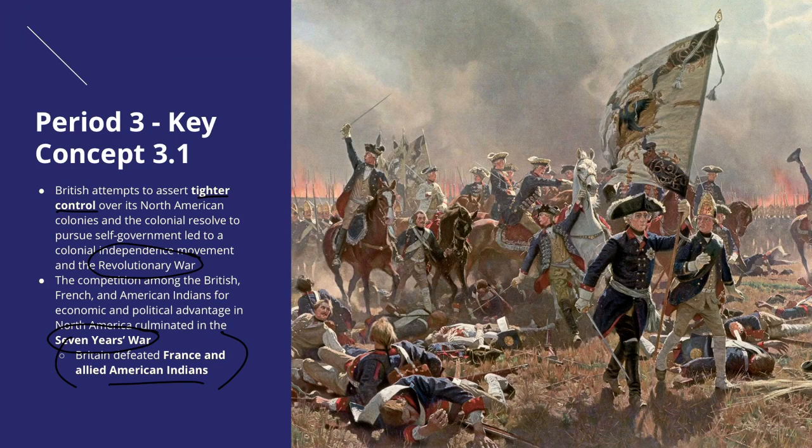So now the British have another reason to hate the Native Americans even more, right? And it's going to start to justify things for them in a way. They're going to feel like these people worked with the French to try to undermine our power and authority, and now they're going to be totally against the Native Americans, right? They have another reason to dislike them other than just being in their way.